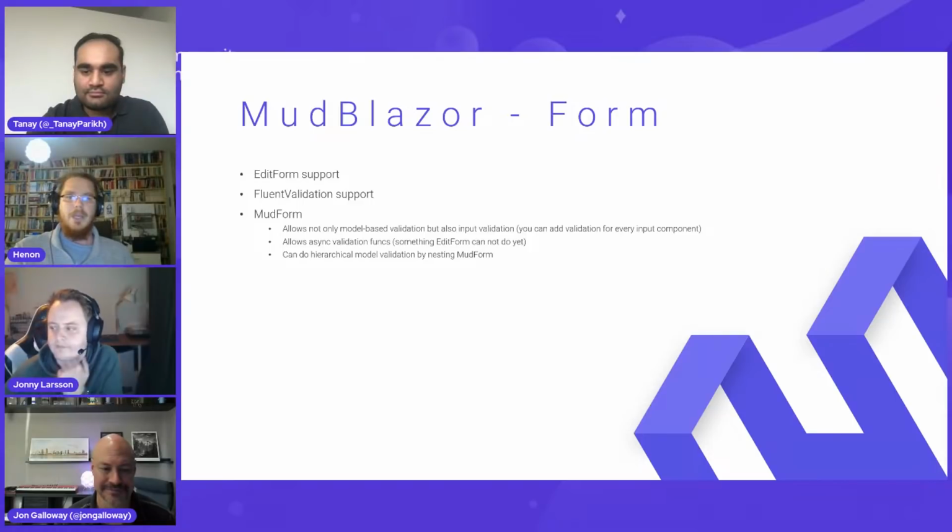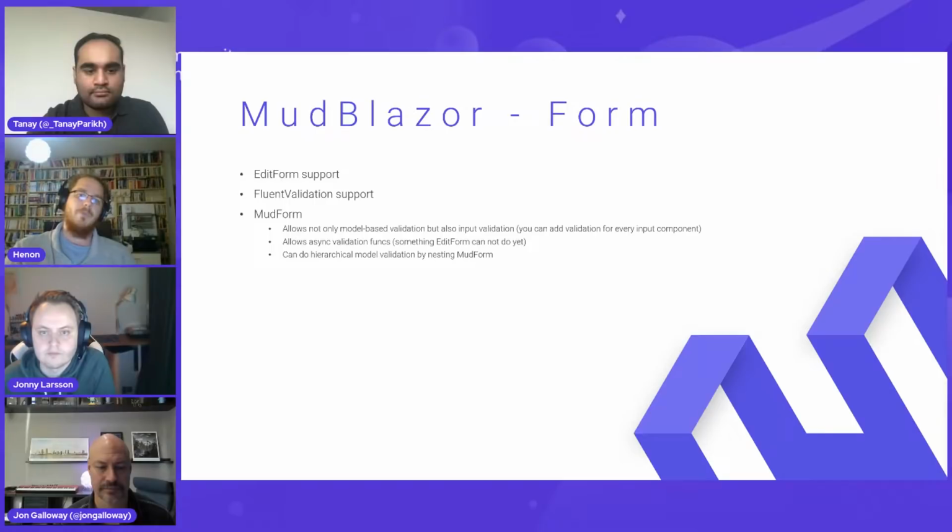Then maybe address is a submodel, and you can do that with nested forms in our framework. You have a subform, a MudForm inside a MudForm, that has the model of the address, and it validates just that. So it's pretty popular, our MudForm.